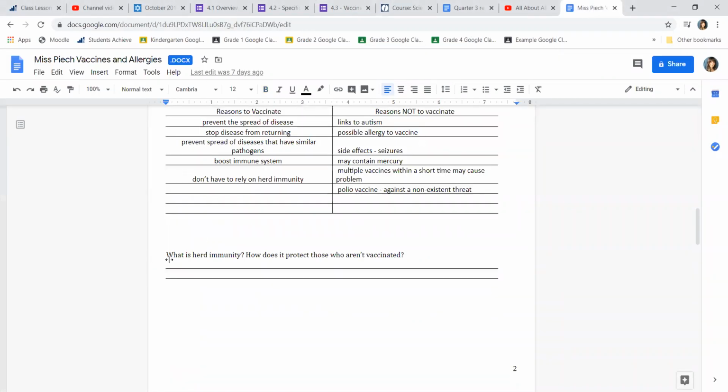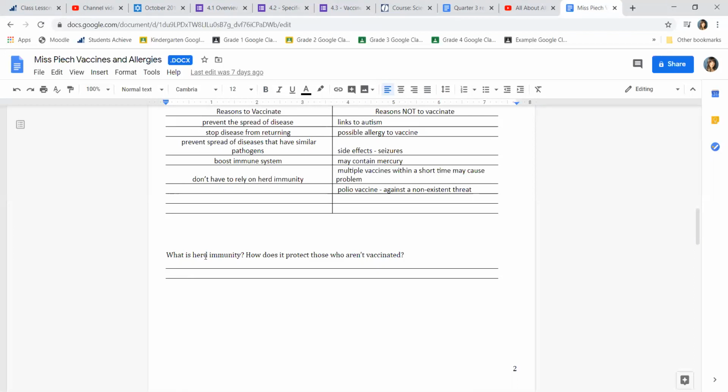And just for a heads up for herd immunity, that was your homework, to look up what that was and how it can protect those who are not vaccinated. So you should have had something along the lines of herd immunity being where enough of a population is immune to a disease, whether through vaccination or already having gotten sick with that disease, that if it were to crop up again, it will not spread very easily.